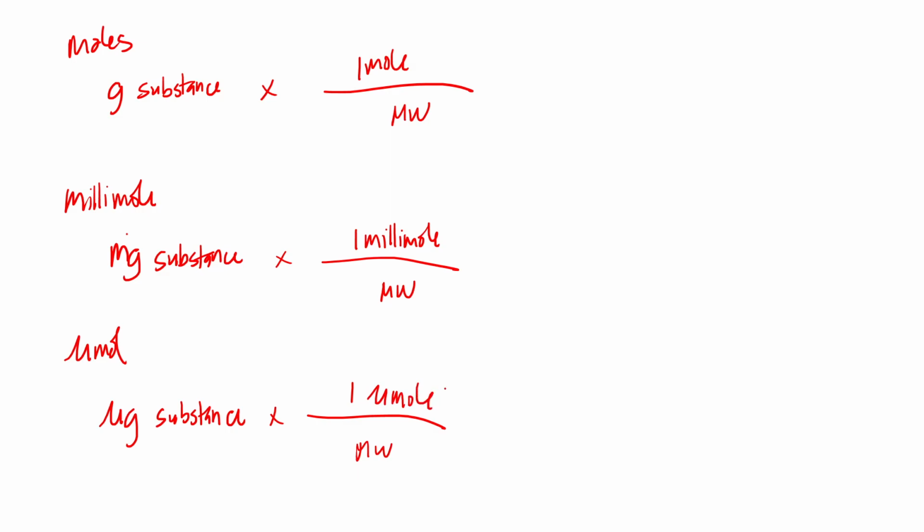So all you need to do to get moles, millimoles, and micromoles is to divide by the molecular weight. Grams divided by molecular weight gives moles, milligrams gives millimoles, and micrograms gives micromoles.